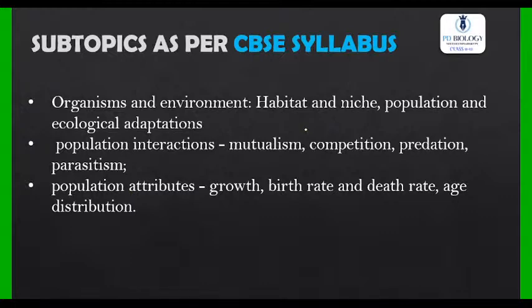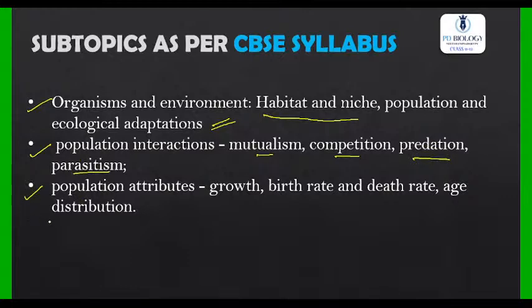So as usual, our subtopics as per the CBSE syllabus are: organisms and environment, their habitat and niche, population and ecological adaptations, and population interactions. Under this, mutualism, competition, predation and parasitism are there.